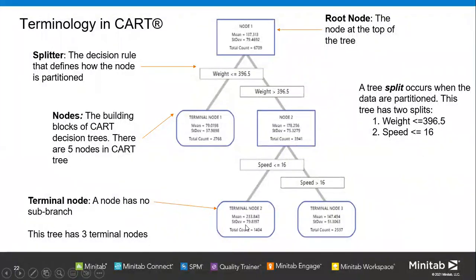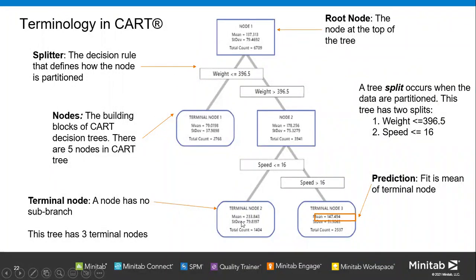So for this tree, we have three terminal nodes: terminal node 1, terminal node 2, terminal node 3. This is important because in the terminal nodes, you will be able to see the prediction value. In this case, we look at the mean of the terminal node itself. So the first thing you need to know is what the nodes are, what the root node is, what the splitter is, and then the terminal node.